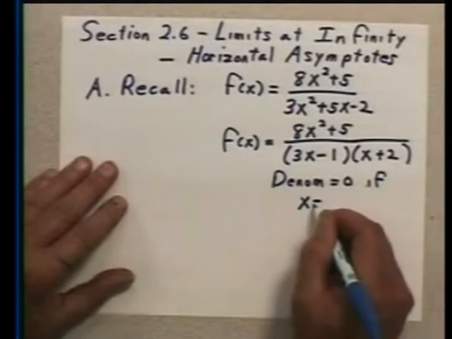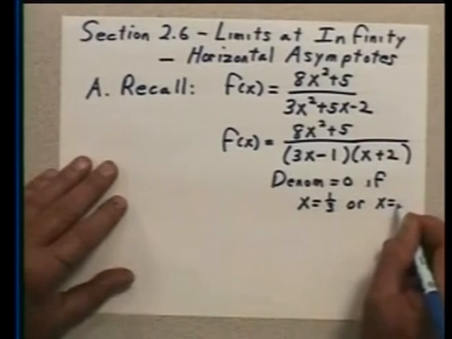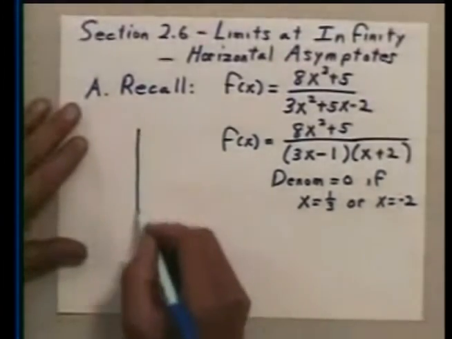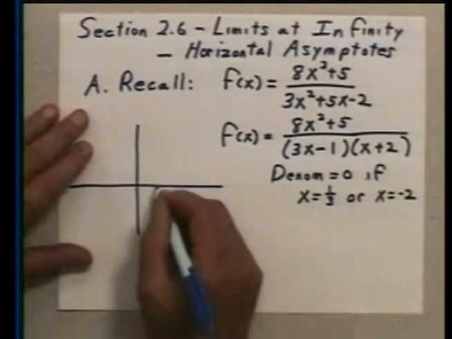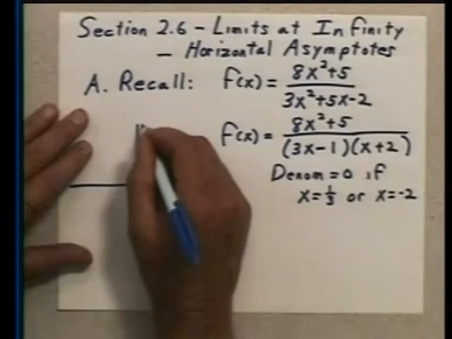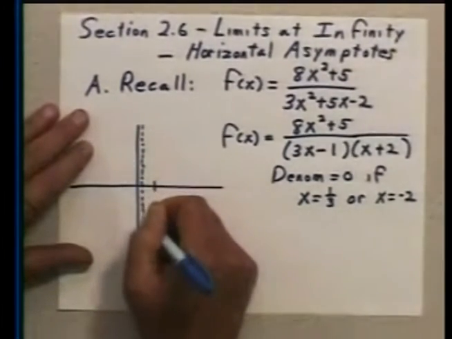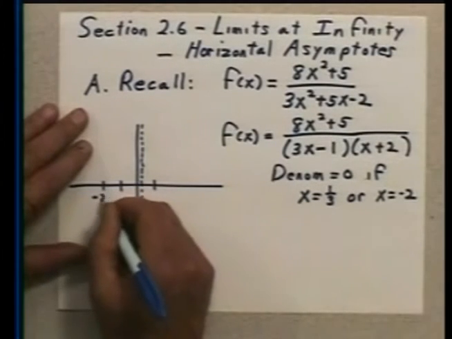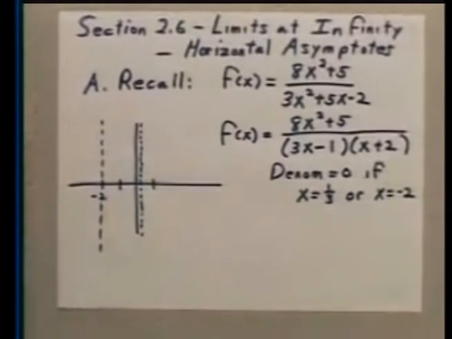So when x equals 1/3, or when x equals -2. If I were to draw a picture of this, right here at 1/3, right about there, I'd expect to see a vertical asymptote. And then another one here at -2. Okay?